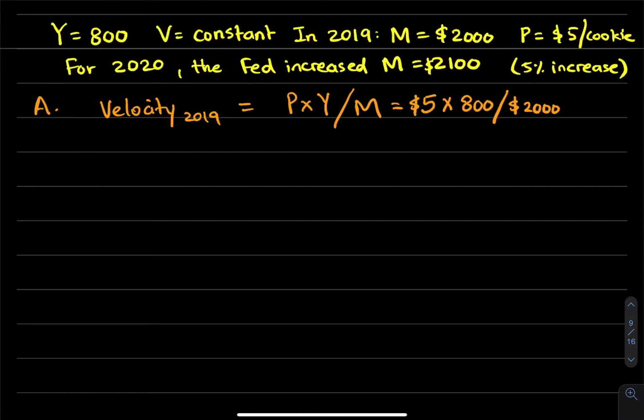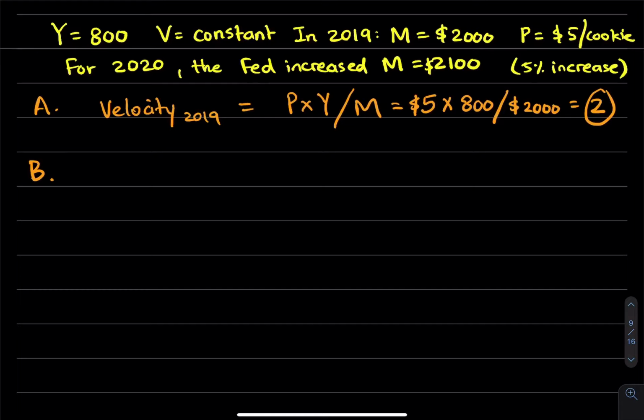So what you get is the number 2, which is saying that a typical dollar changed hands 2 times during 2019. Okay, so that's the answer to the first question.